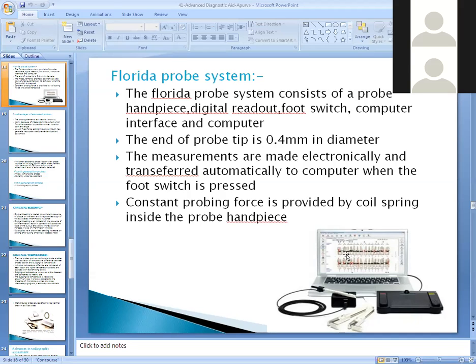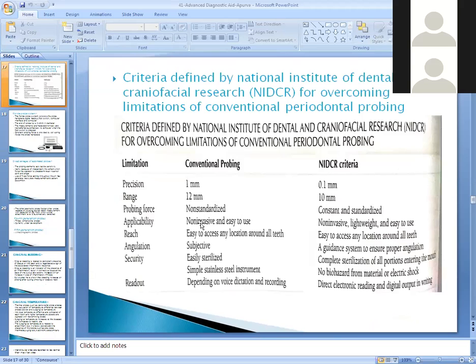Okay, so these are the different probing systems like Florida probing system, Foster Miller probe, then Toronto automated probe. This automated probe system consists of a handpiece, digital readout, foot switch, then a computer interface and computer. The only thing is that it is a very costly type of system, and the same amount of probing force cannot be applied in all areas of the oral cavity, because some areas may be more inflamed than others.